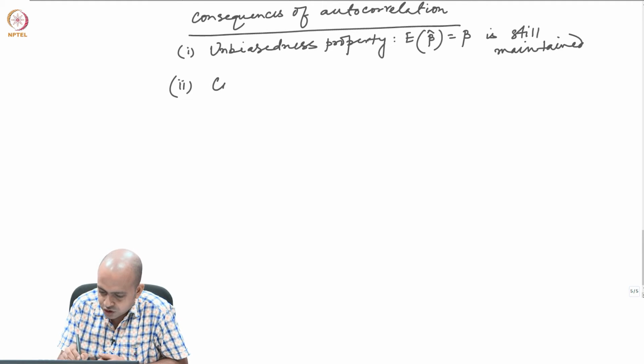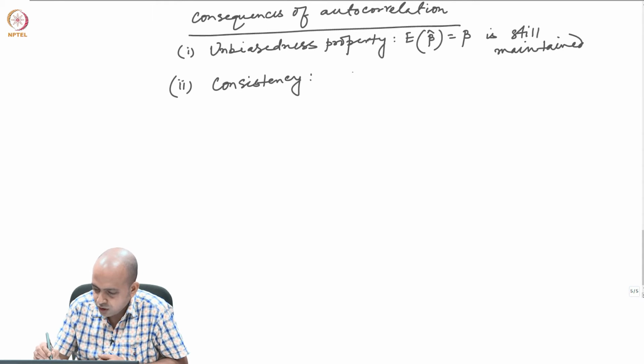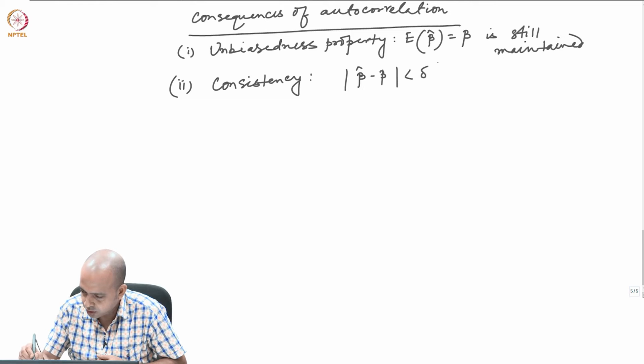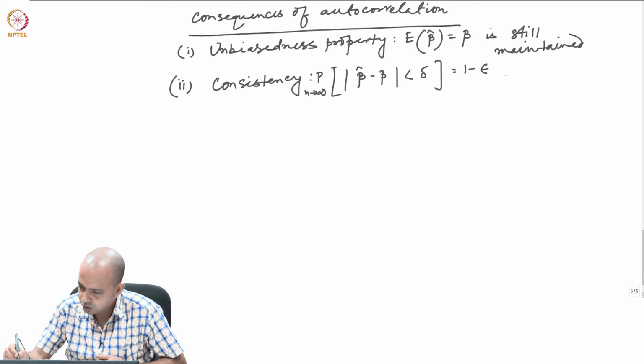Similarly, consistency, which means the probability that beta hat minus beta is less than delta is 1 minus epsilon when n tends to infinity, is still maintained.